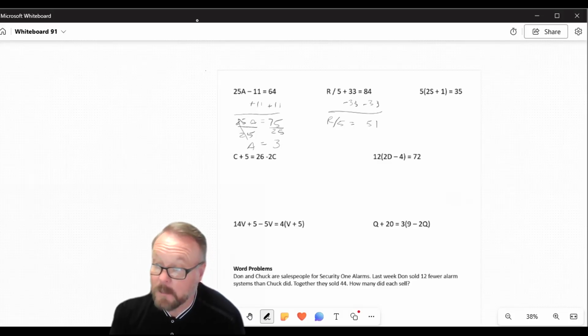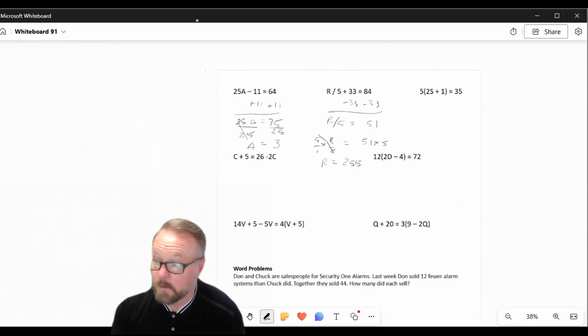And then we're going to multiply both sides by 5. So if I keep going here, that means R equals 51 times 5, which is 255.